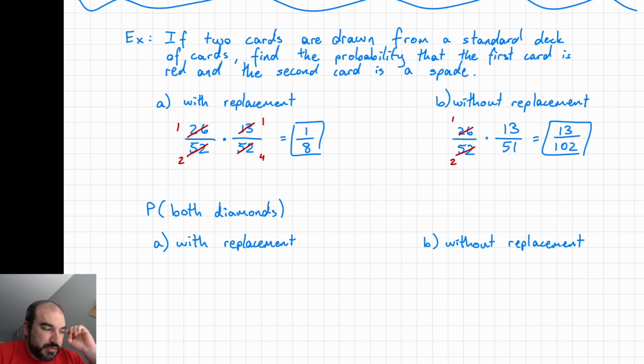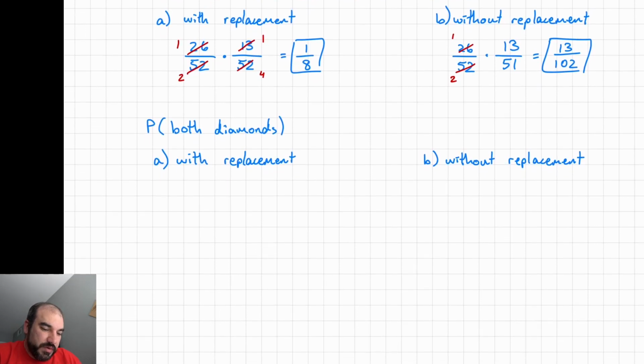Otherwise, you can reduce beforehand or after the fact. Go ahead and work on this example. Find the probability that they are both diamonds.